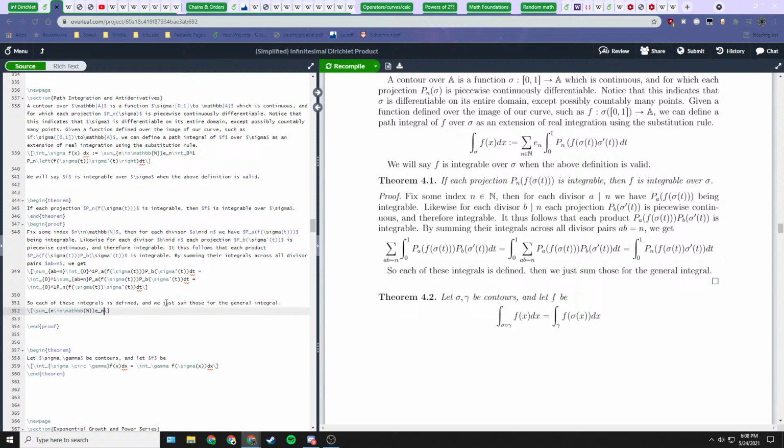Piece of n of this sum, oh whoops, that's not right, of this integral.